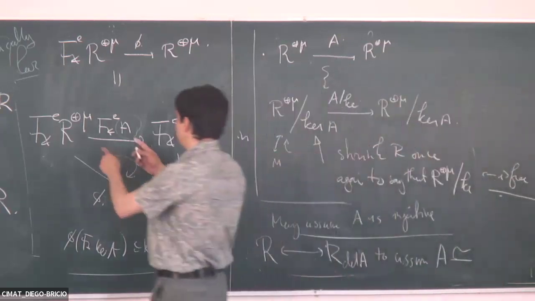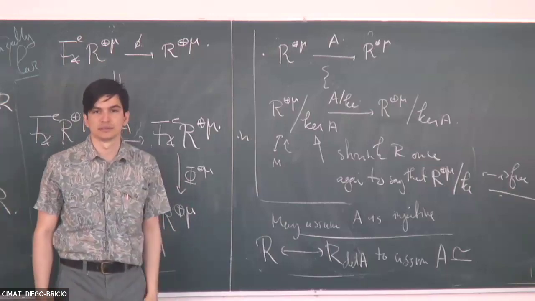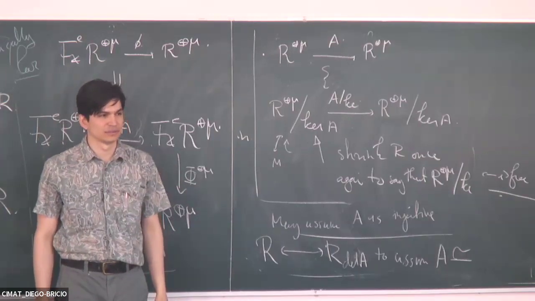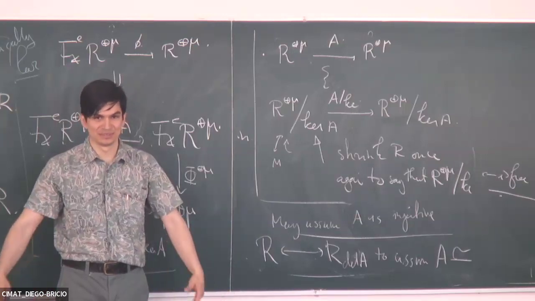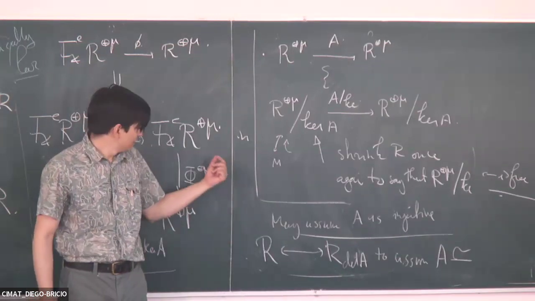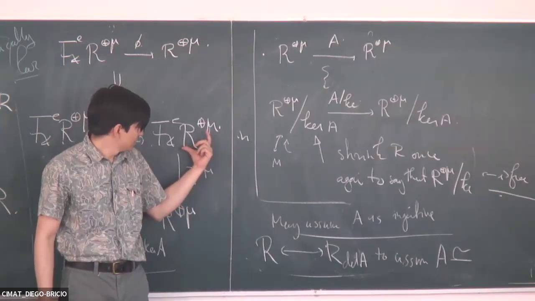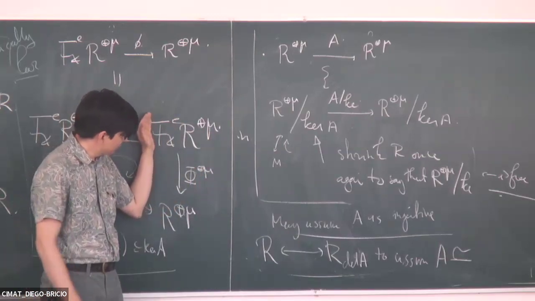So I have an isomorphism of my module, and then I apply phi. In particular, I may assume that this is my Cartier structure.